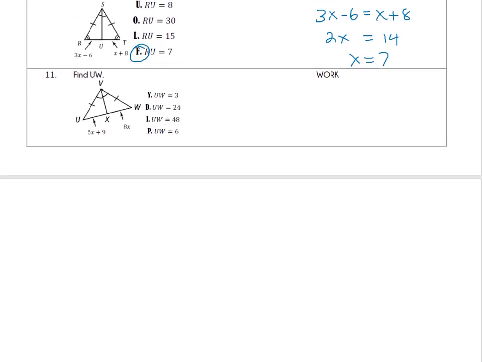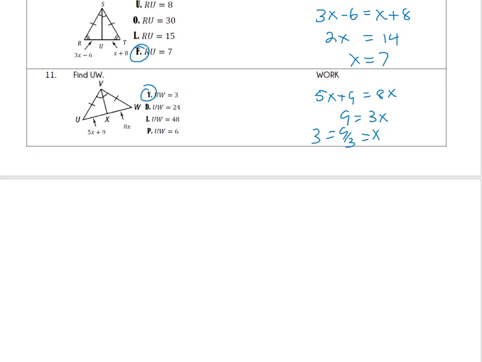And for number 11, let's see, these two need to be equal to each other. We've got 5x plus 9 is equal to 8x. Take away 5x from both sides. 9 is equal to 3x. X is equal to 9/3, which is 3.